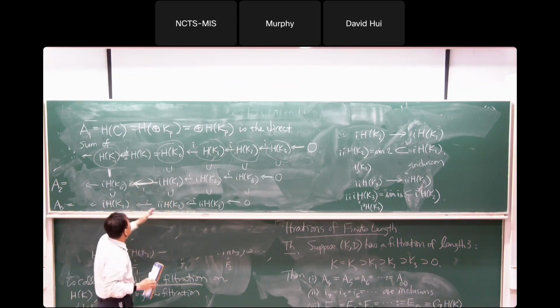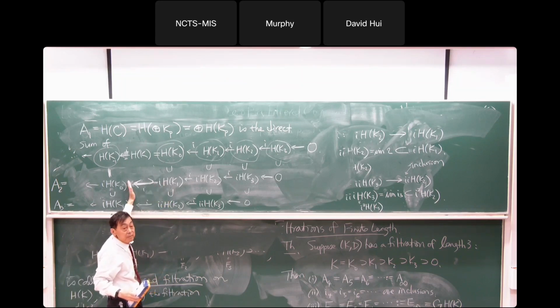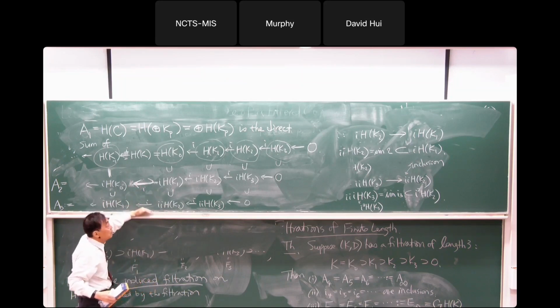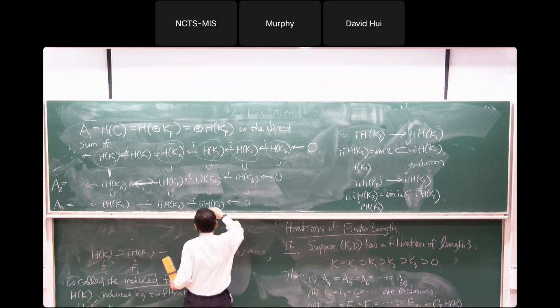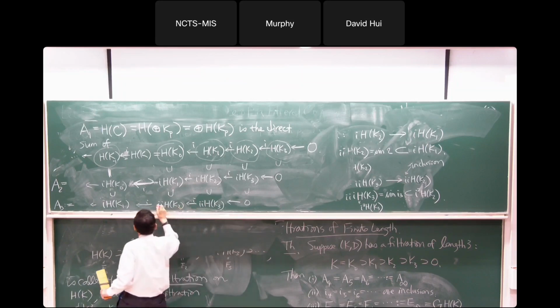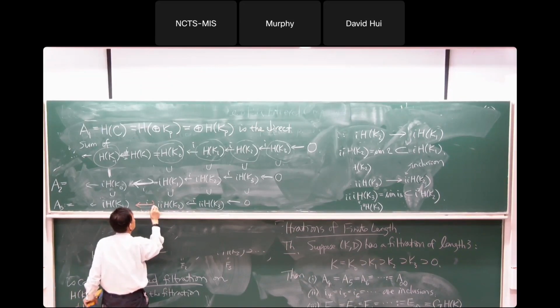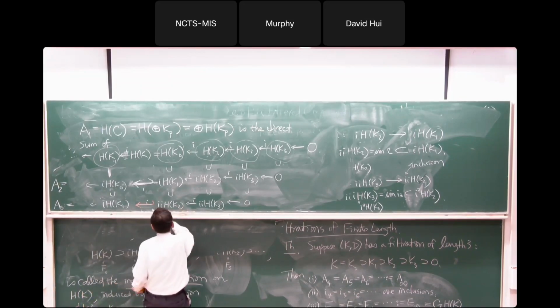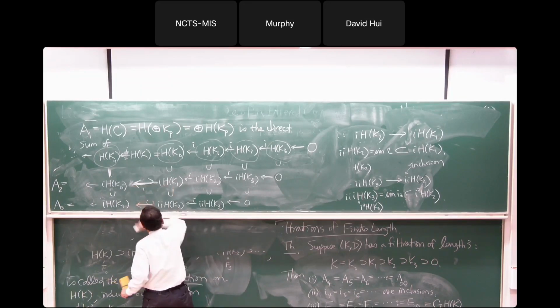Going this way, you have an inclusion followed by an inclusion. So this going this way has to be an inclusion also. So this map is an inclusion by the commutativity of the diagram.